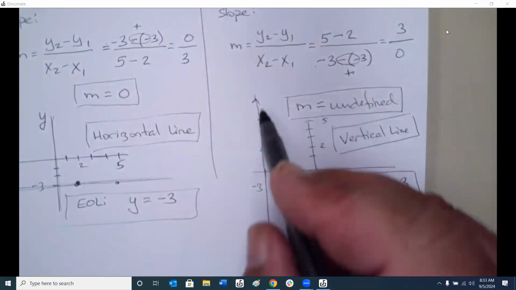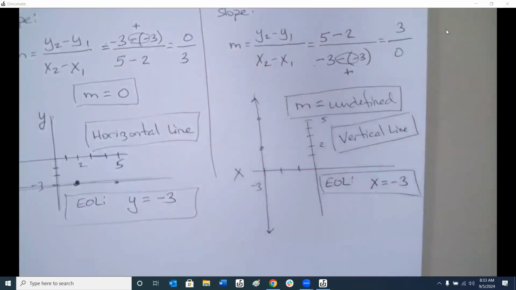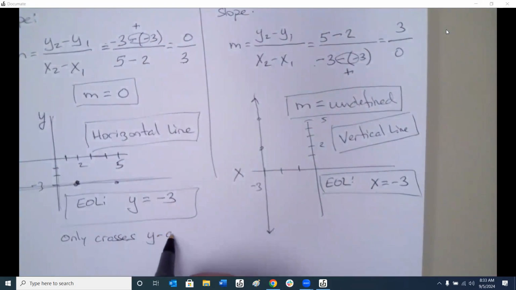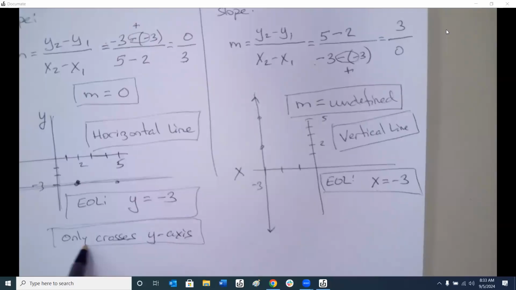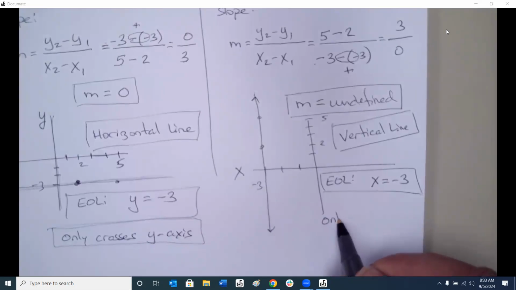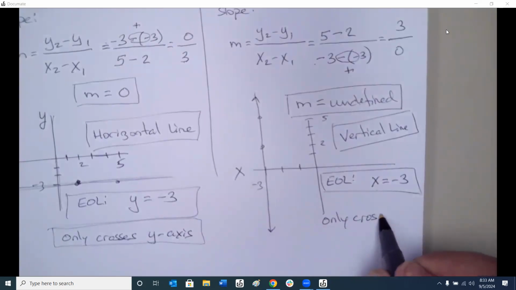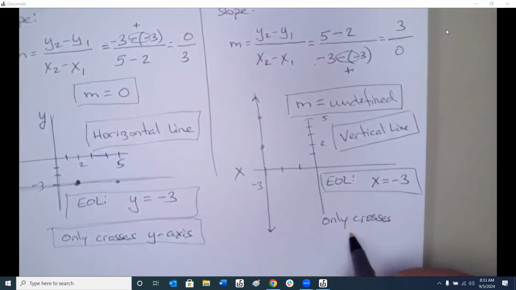The vertical line only crosses the x-axis. Only crosses the y-axis. This one is only crosses x-axis.